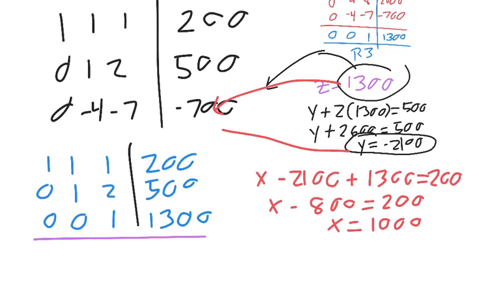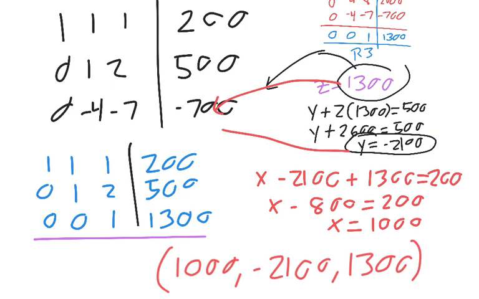And so the point in time where they all meet is at 1,000, negative 2,100, 1,300. It's my ordered triple.